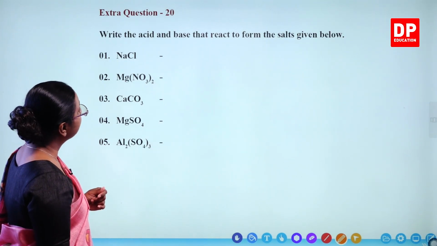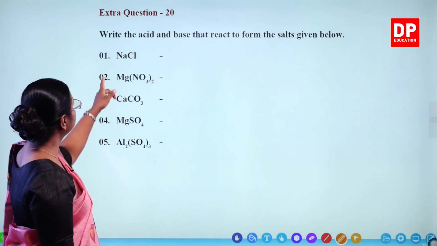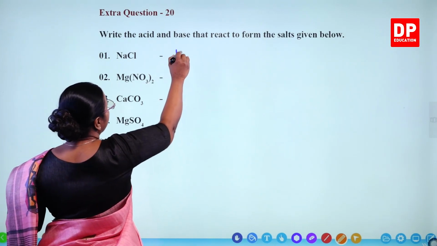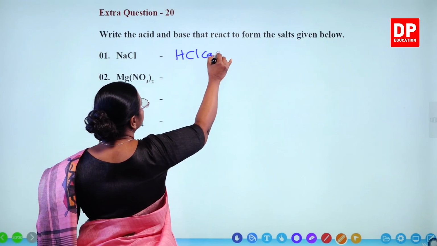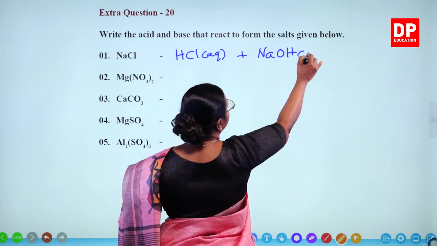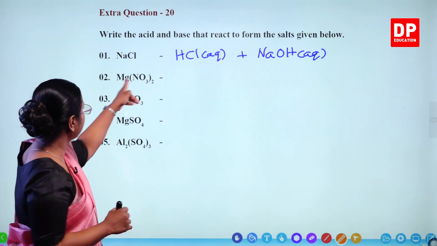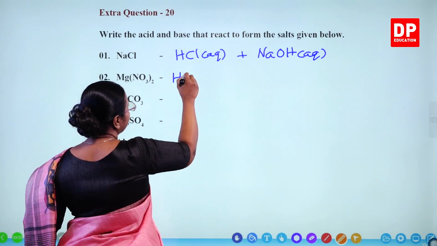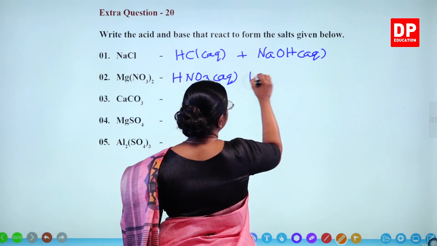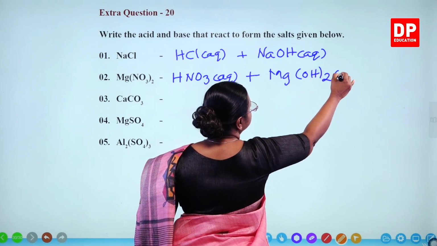Write the acid and base that react to form the salts given below. So the acid and the base. So here sodium chloride is produced from hydrochloric acid and sodium hydroxide aqueous. How about magnesium nitrate? The nitrate comes from nitric acid, HNO3 aqueous, and magnesium is from magnesium hydroxide.